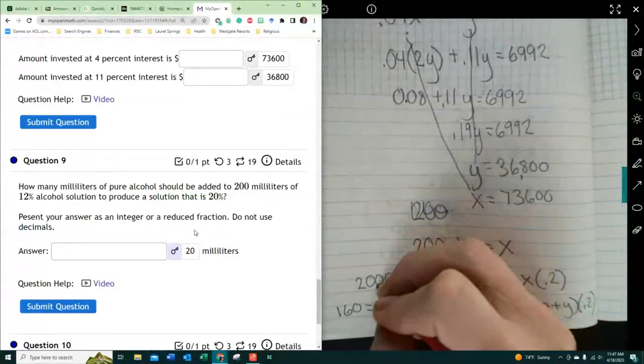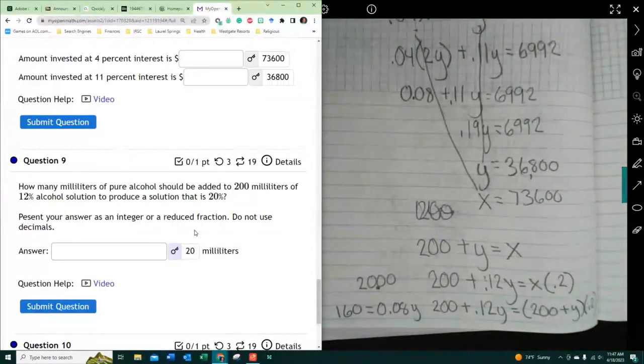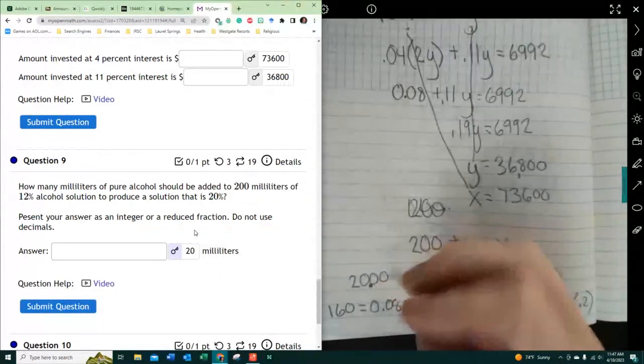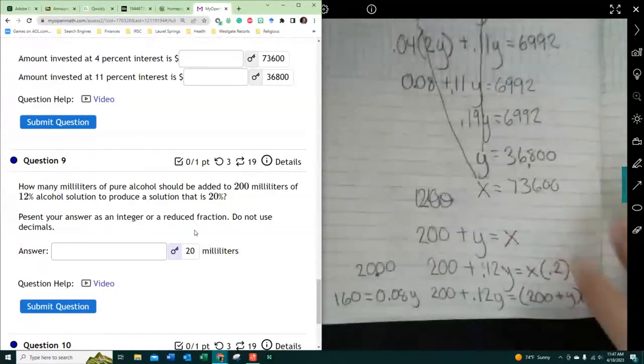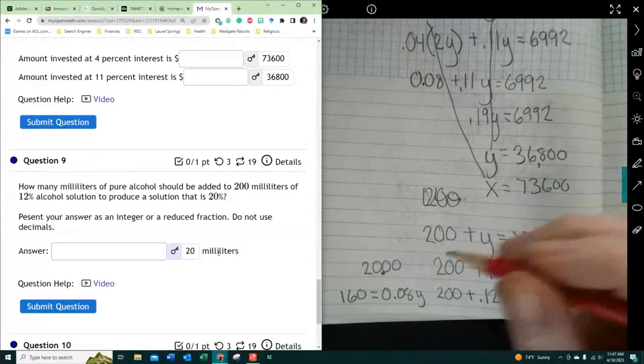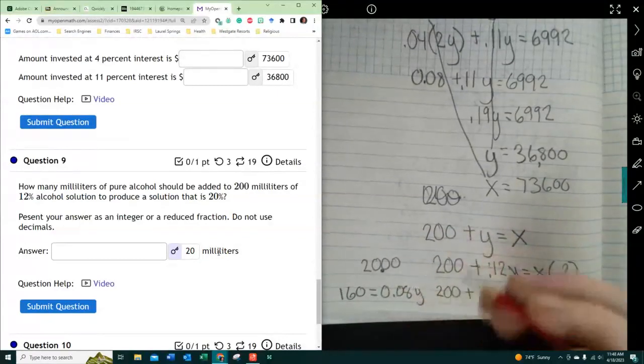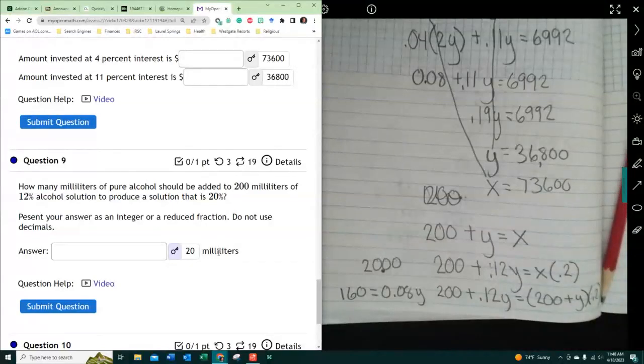I forgot the decimal point. I love that. Forgot to put the decimal point in there. All right. Now there we have that. So I went ahead and came up with the 20 milliliters. So we're going to have that as the answer for the number of milliliters we need.